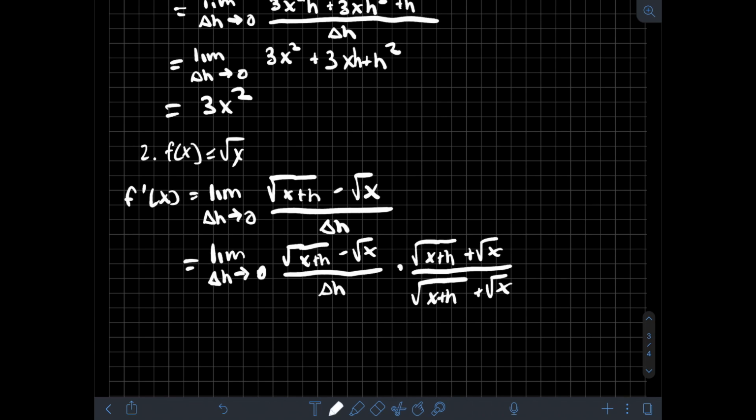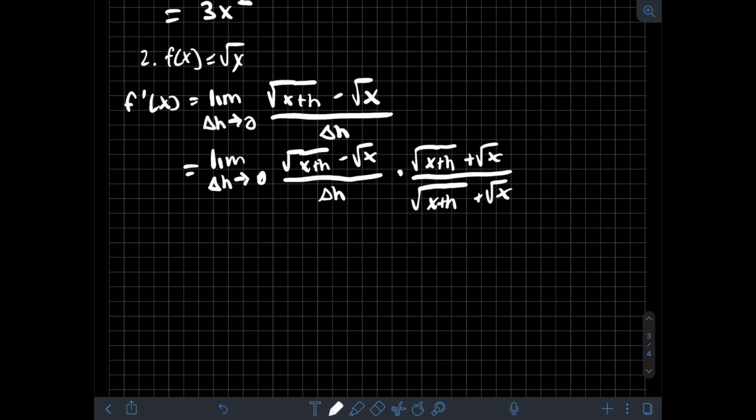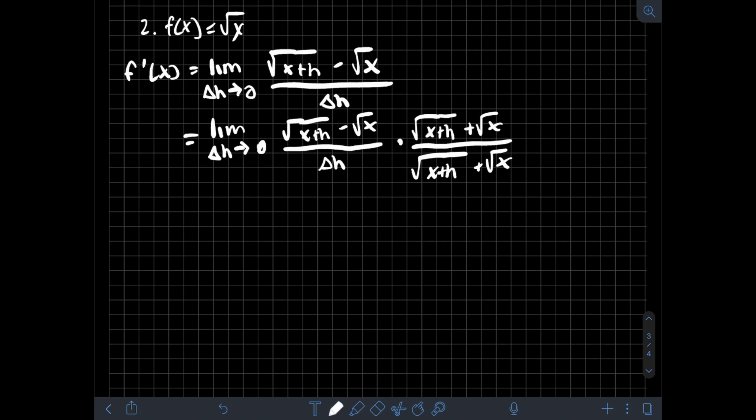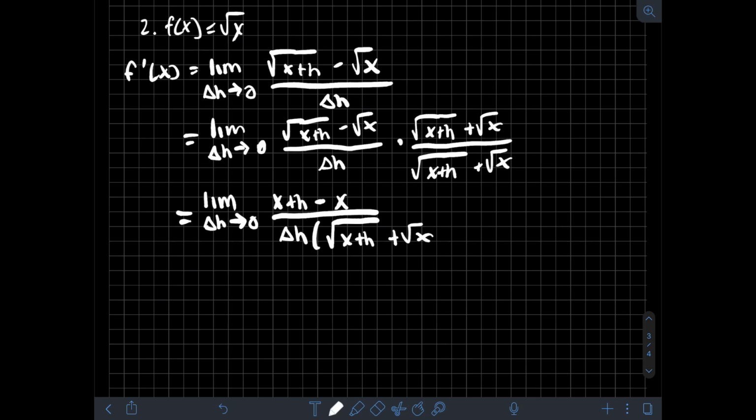Multiplying this by the conjugate allows us to simplify our numerator, and hopefully things will start to cancel out. So expanding this multiplication, we get the limit as h approaches 0 of x plus h minus x over h multiplied by square root x plus h plus square root x.